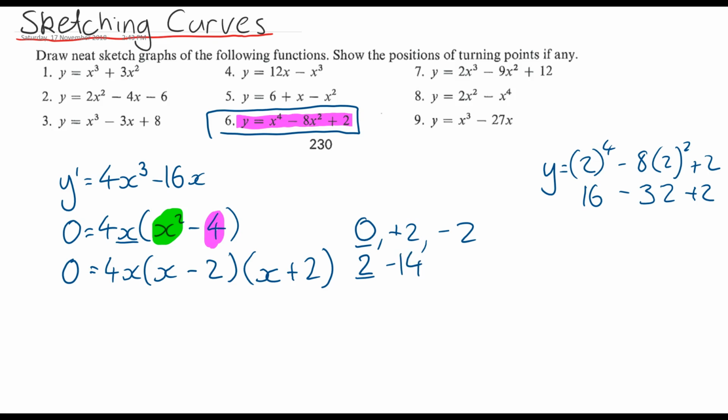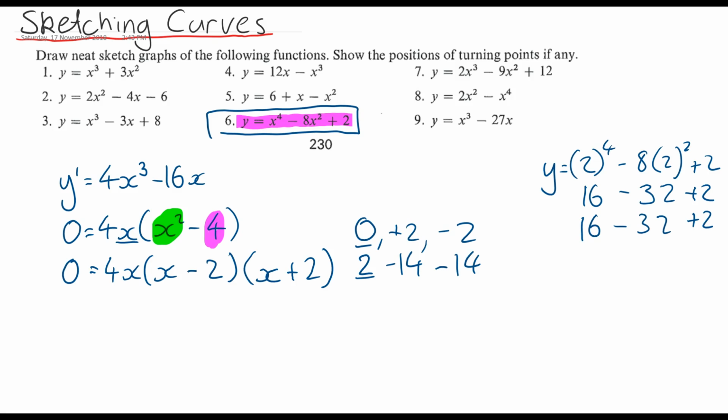Then we do the same thing with minus 2. So minus 2 to the 4 is also positive 16. Minus 2 squared is also positive 4, times 8 is 32, and it's got a minus out the front. So it's minus 32, and it's also plus 2. So it's also got a value of negative 14.